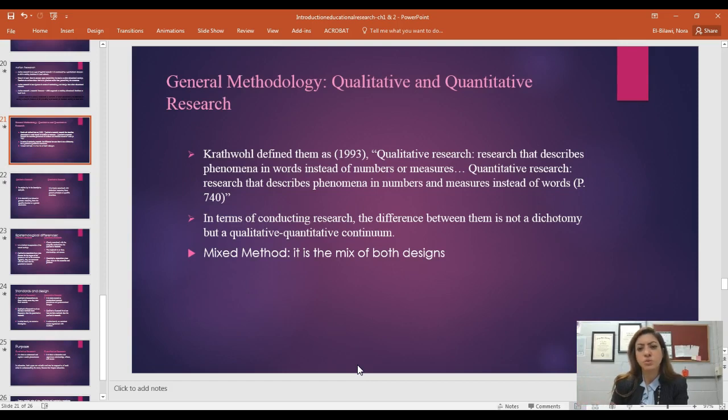I just want you to roughly understand that there's qualitative, quantitative, and mixed. Qualitative and quantitative are the core research designs, and mixed is how we can mix both of them and why we mix both of them. During the semester, this is all we're going to be doing, understanding the difference between qualitative and quantitative.